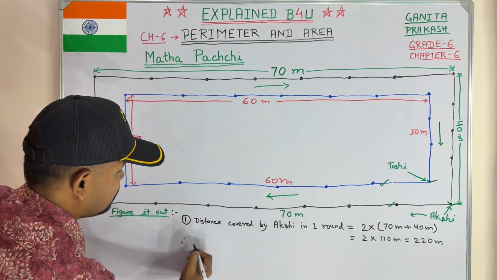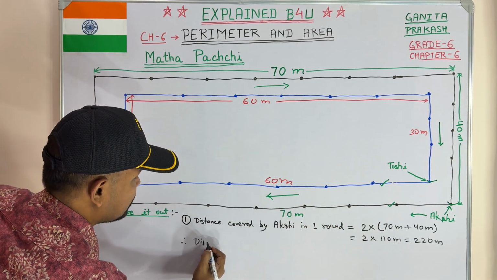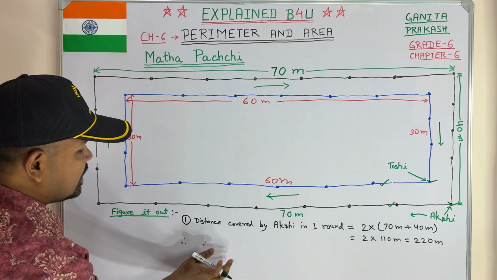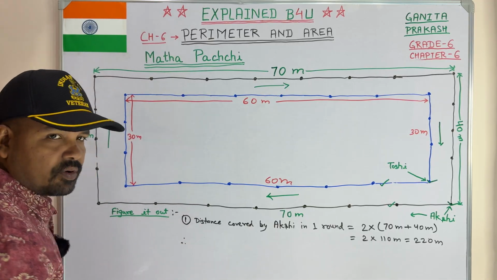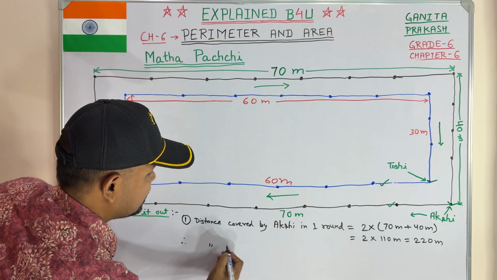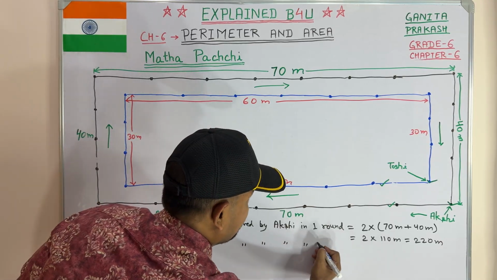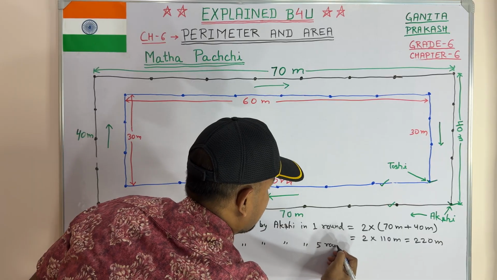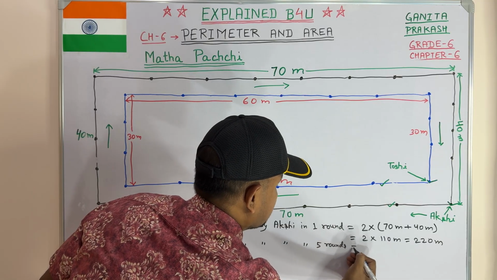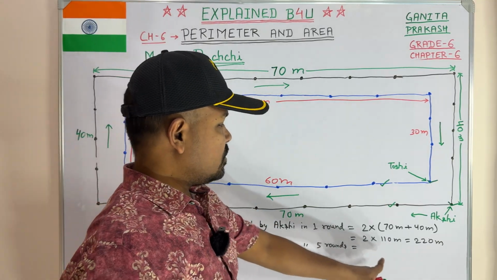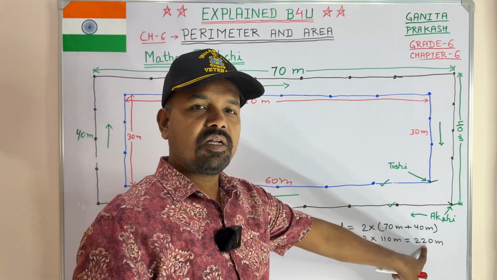Therefore, we can write like this, as in my previous classes: distance covered by Akshi in 5 rounds is equal to, in one round distance covered is 220 meter.